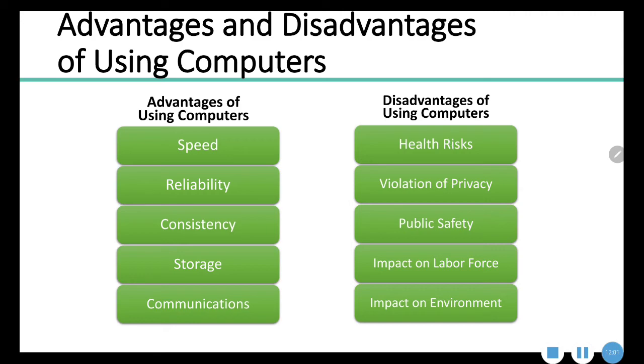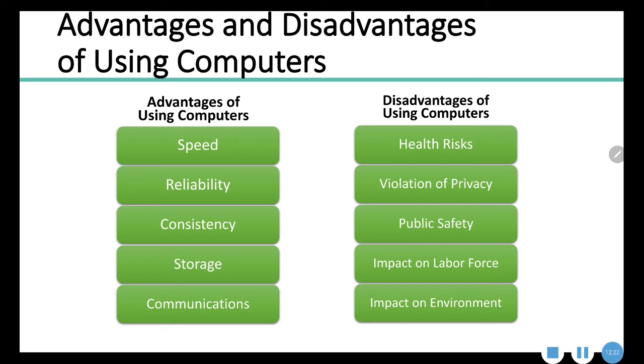Now the disadvantages. The first one is regarding our health. We could get some diseases, for example, carpal tunnel syndrome, vision syndrome. That is due to heavy use of computer without knowing how to control ourselves.